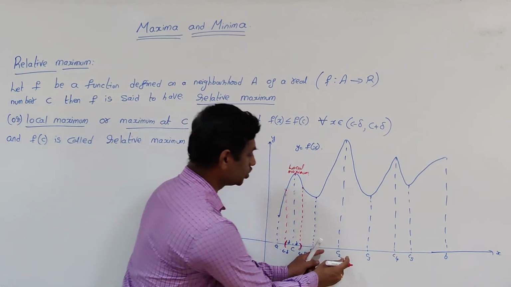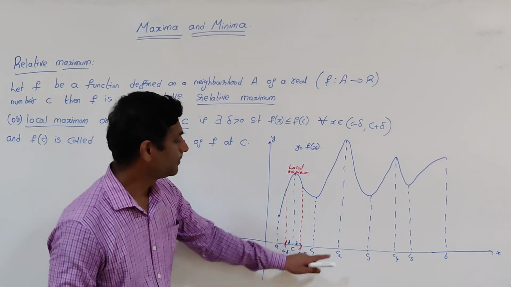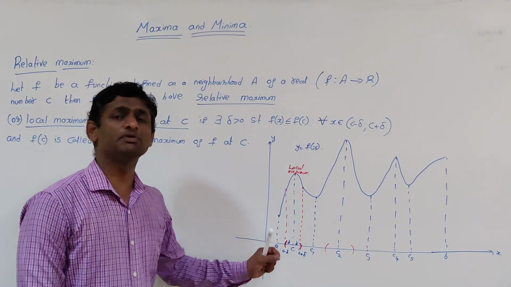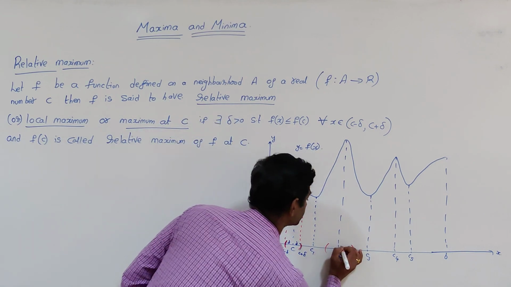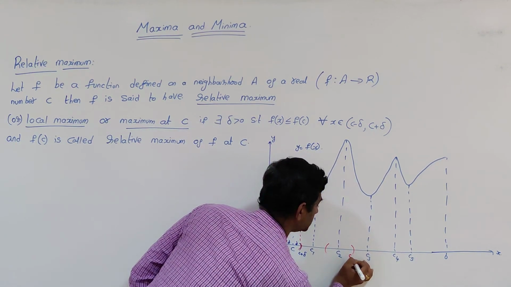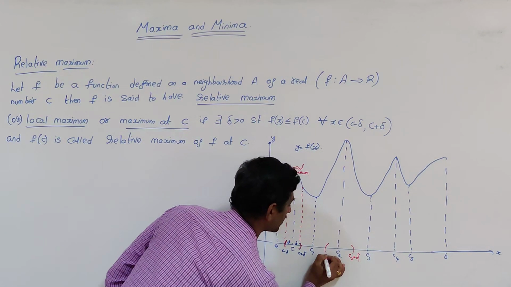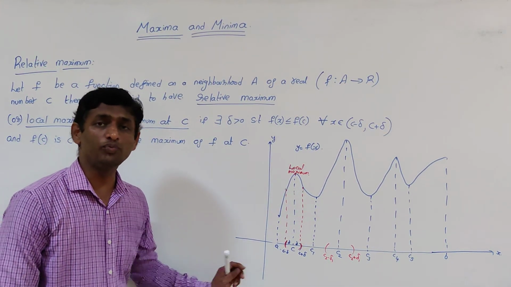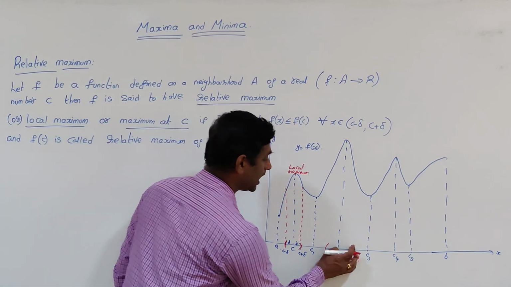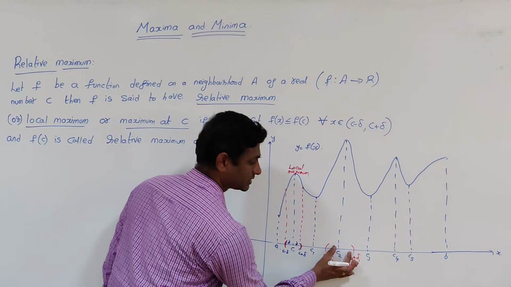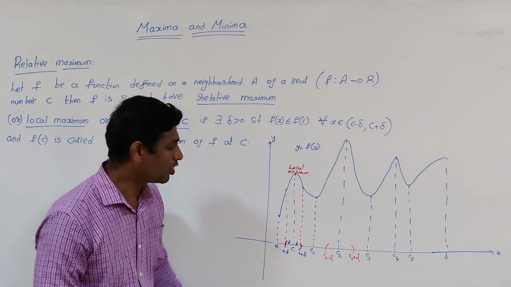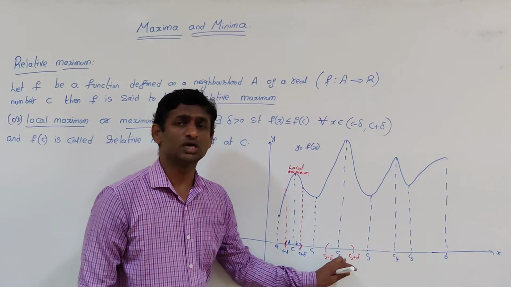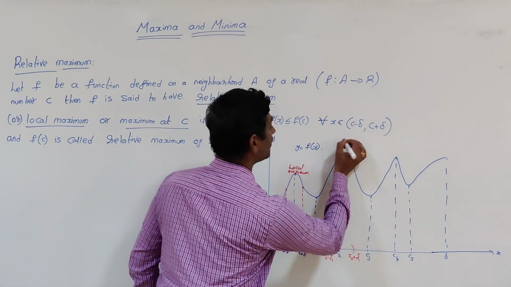Similarly, if you choose a point C2 and take a small neighborhood of C2 with some delta 1 distance, this will be C2 plus delta 1 and C2 minus delta 1. The outputs in this small neighborhood of C2 will be less than f of C2.